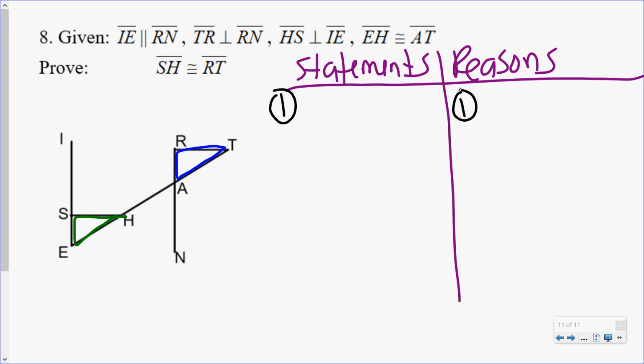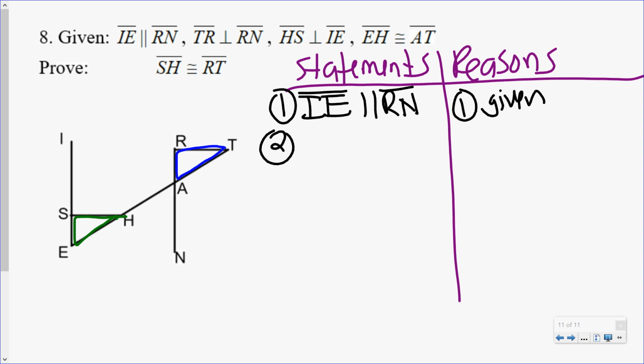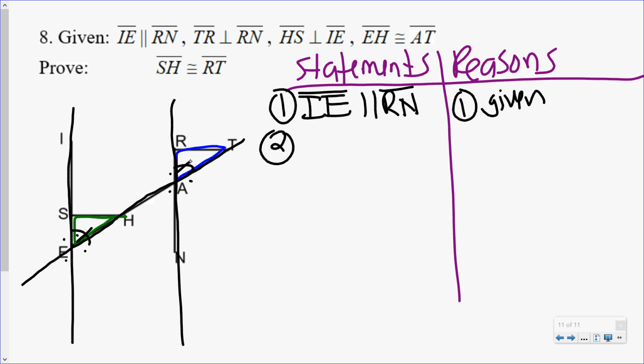So I need three things. I start with my first given, IE is parallel to RN. Given. So when you see parallel, extend your parallel lines, extend your transversal, 8 dots, boom, boom. Are they both in, both out, or one and one?